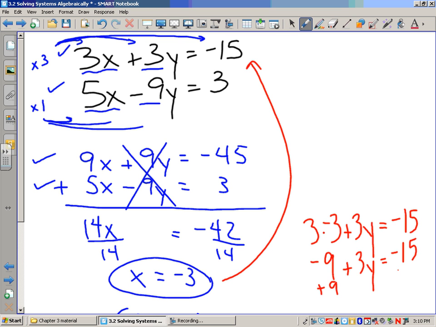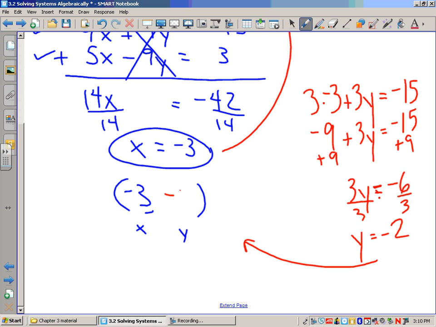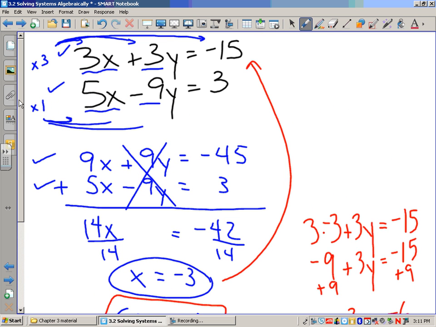Add 9. You get 3y equals negative 6. Divide by 3. y equals negative 2. So then that's your y. Again, you could go and check that. You should check that on a test and make sure 3, negative 2 works in both equations. So that's substitution and elimination.